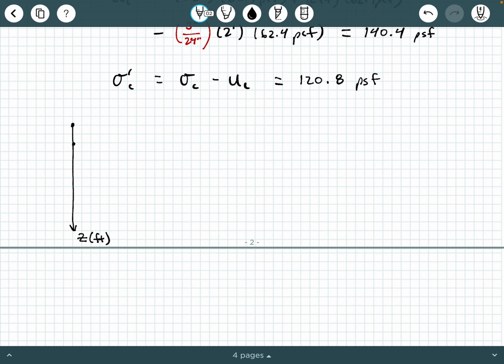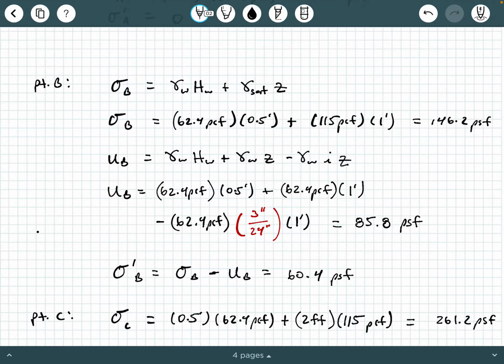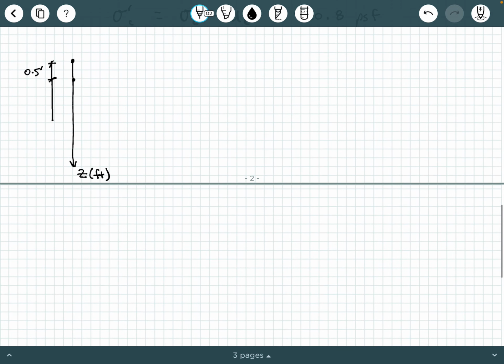Point A is going to be half a foot below that. And then another foot below point A is going to be point B. And then another foot below point B is point C. So let's go ahead and label those points A, B, and C.